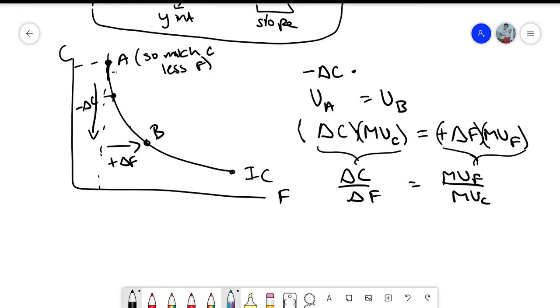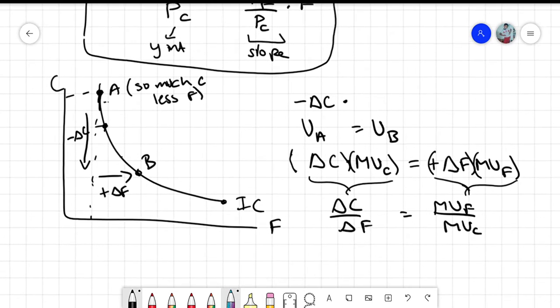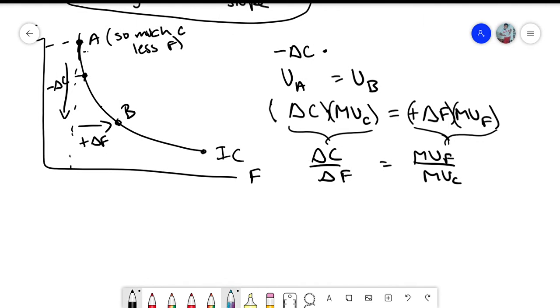But you see, this is MRS. Right here we have this condition, and this has to be satisfied. What do I mean by that? When I'm moving from one bundle to another, from A to B, this thing gets satisfied.